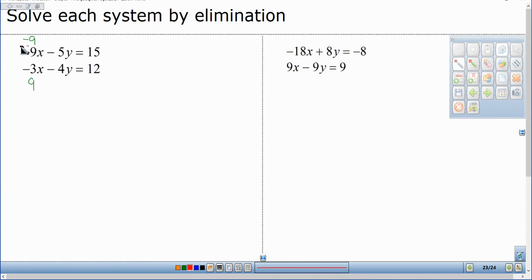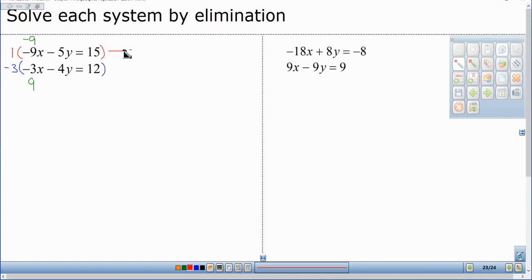So I need to think, what would I multiply the first equation by? Well, it already matches up, so I can just multiply it by a 1. The second equation, I'm going to have to change it from a -3 to a 9, so I'm going to multiply by a -3. This time I had to multiply by a negative because I want to change the negative to a positive value.